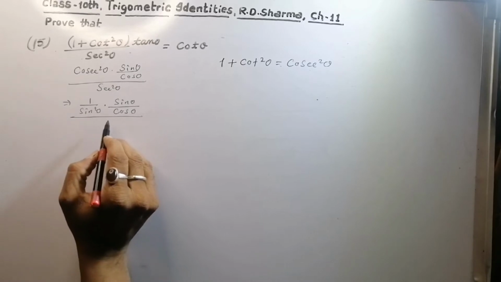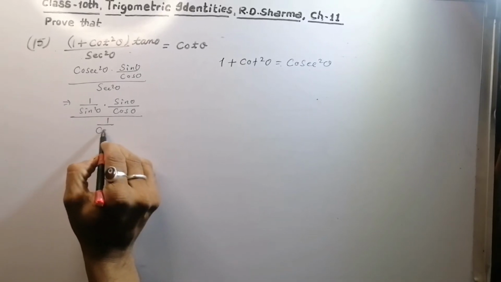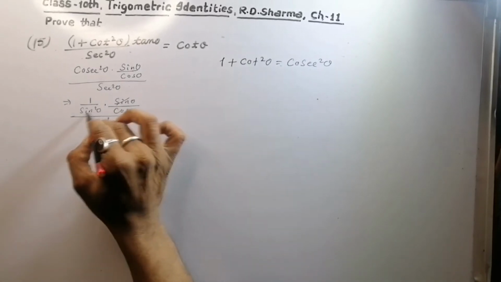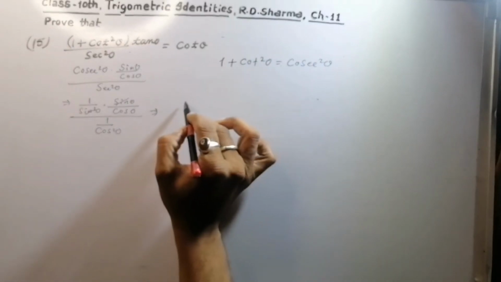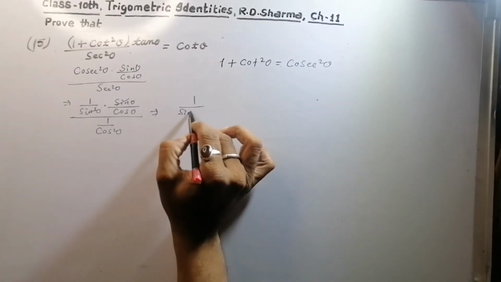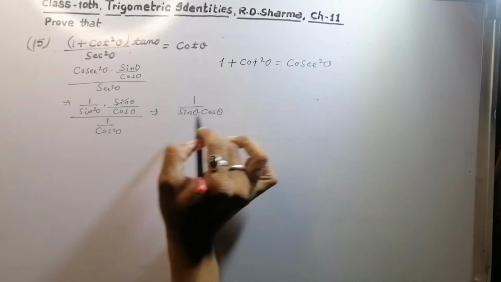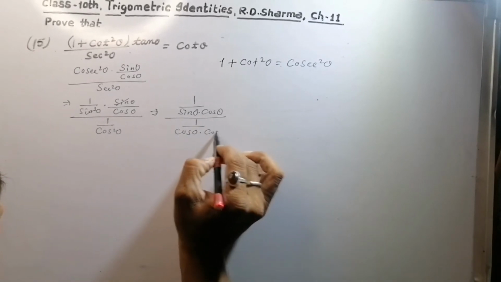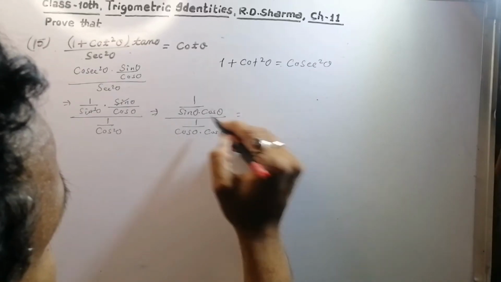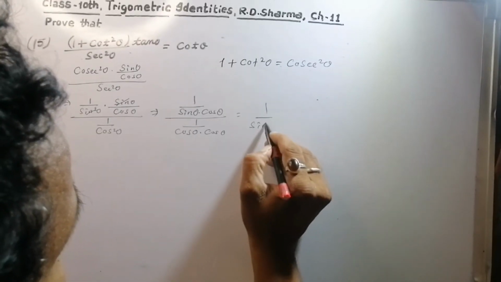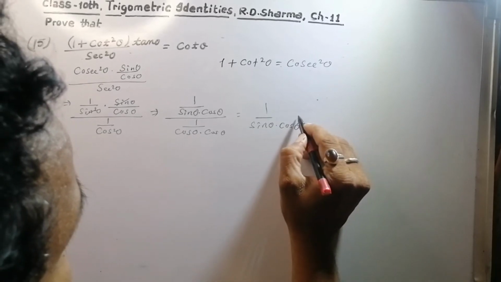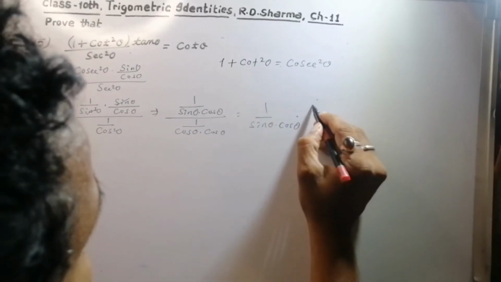Now we can write in place of cosec square theta, 1 upon sin square theta, into sin theta upon cos theta, upon, in place of sec square theta we can write 1 upon cos square theta. Now sin theta divided by sin theta, we get here 1 upon sin theta into cos theta, divided by 1 upon cos square theta.